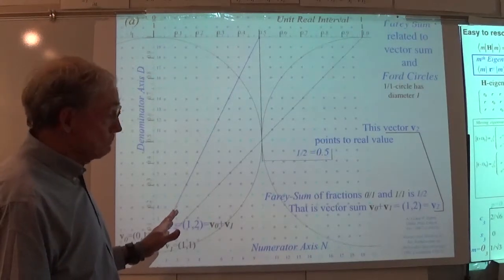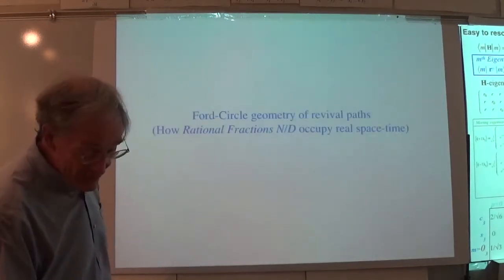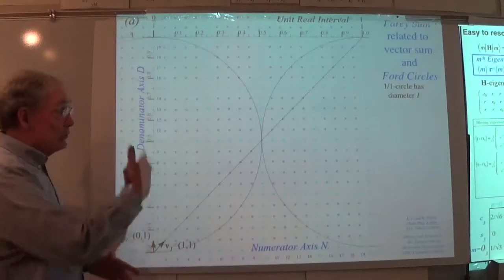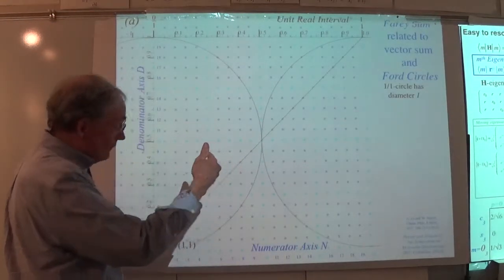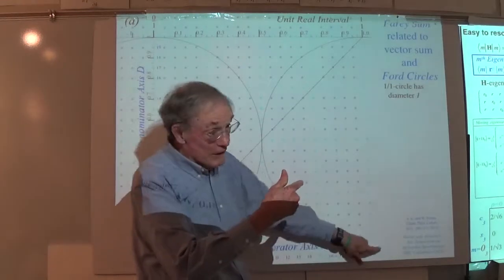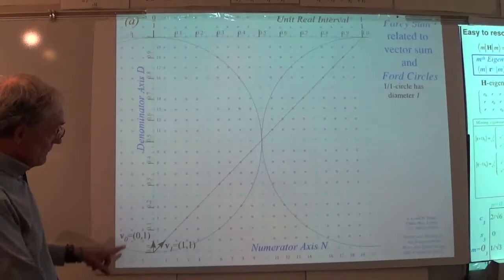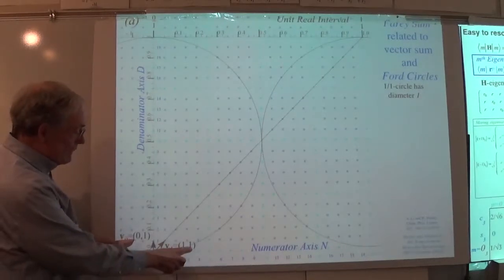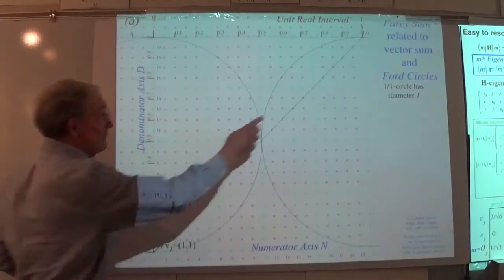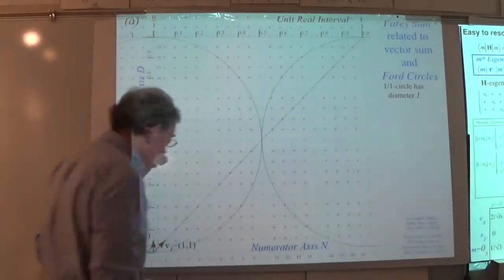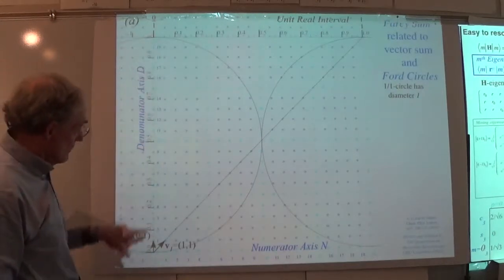And the basic idea is the Farey sum makes real sense if numerator over denominator is thought of as a vector space where you plot the numerator this way and the denominator this way. So when you add the vector 1, 1, that's 1 over 1, representing 1.0 actually, if it's a real line, or 0, 1 is representing 0.0, right there.